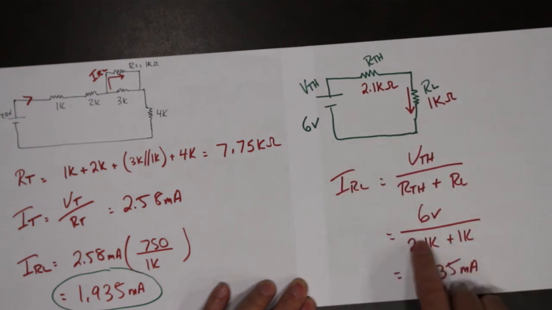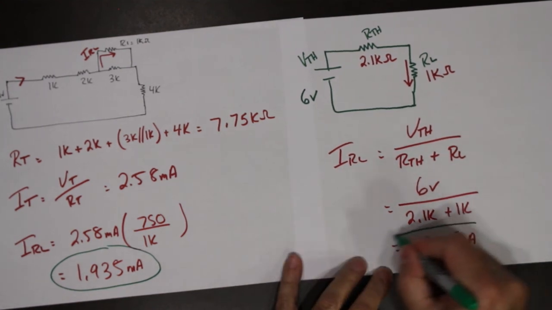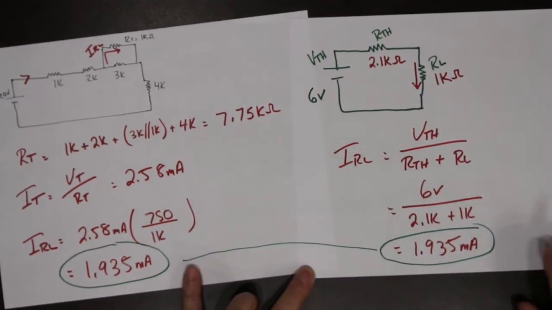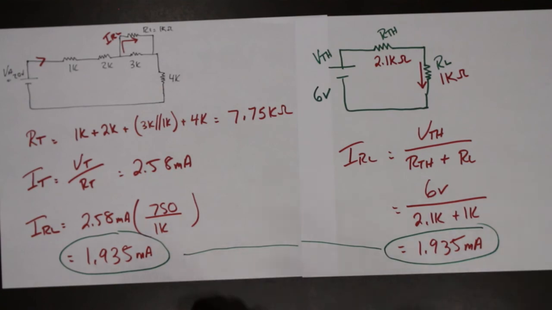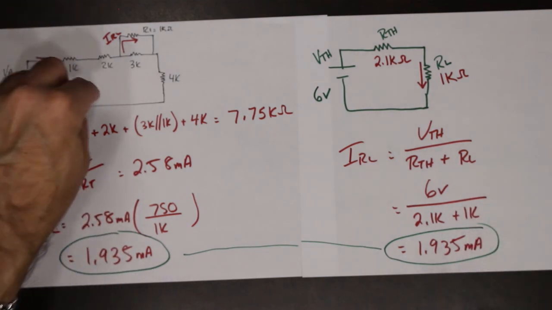That single calculation works out to be 1.935 milliamps. So those two are equal. So this is the equivalent circuit of this.